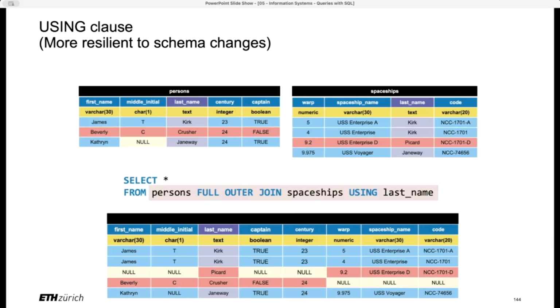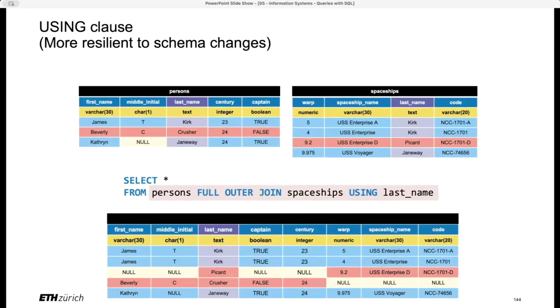So we have a total of 12 different ways, 3 times 4, to write this. 3, because you can use on with a predicate, you can use natural, or you can use using, one of the 3. Times 4, because you can say inner join, left outer join, right outer join, and full outer join. So that's 12 possibilities.